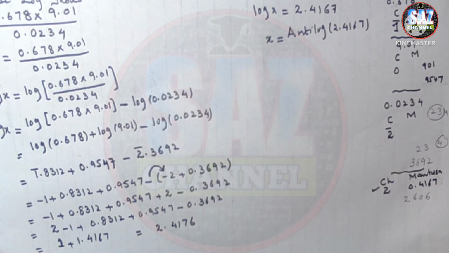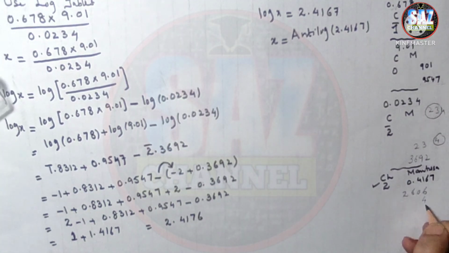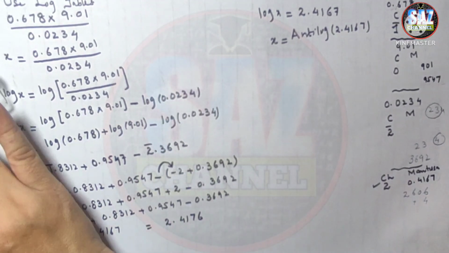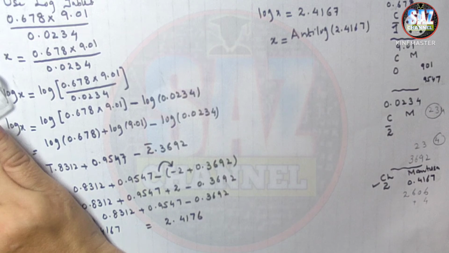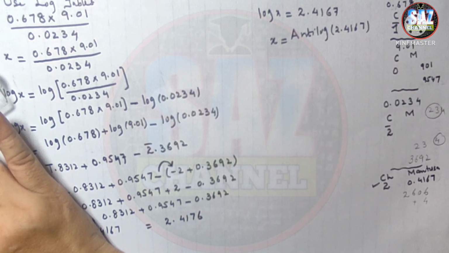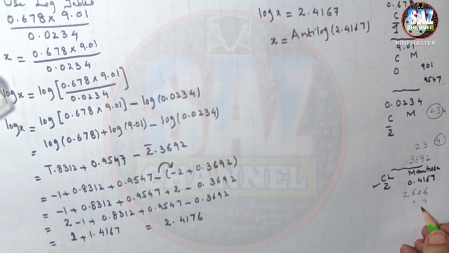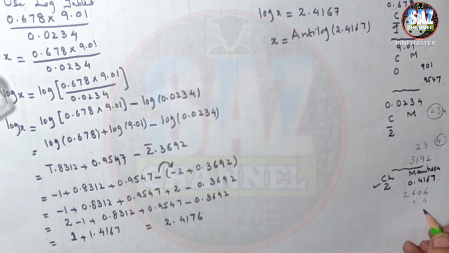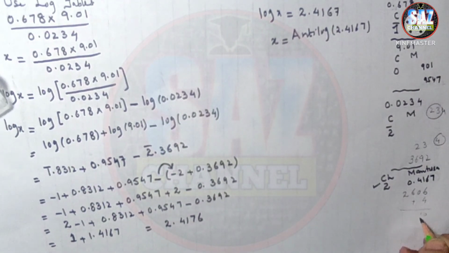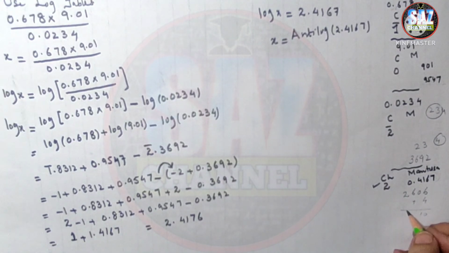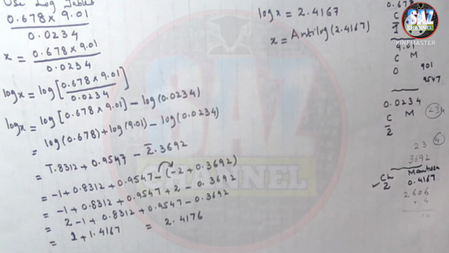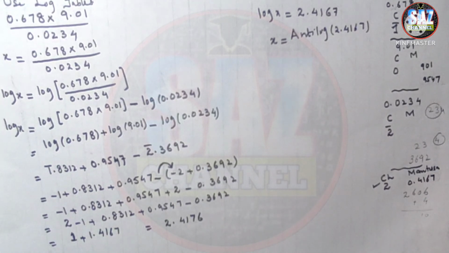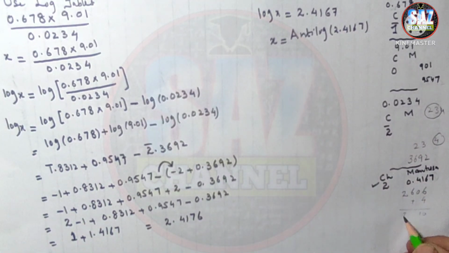Difference column 7 is giving me 4. It's really difficult to read such small numbers, so students, please keep a straight ruler under these numbers. This will give me 6 and 4, 10. So 2610.